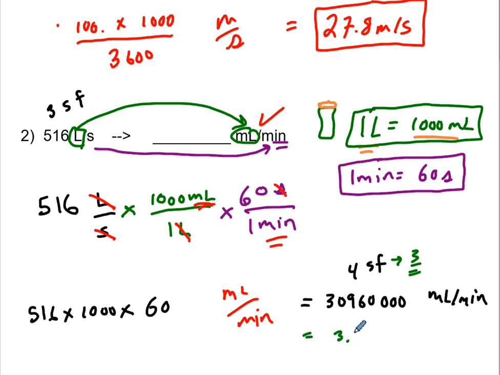It's going to be 3.10 to give us our 3 sig figs, times 10 to the 1, 2, 3, 4, 5, 6, 7 milliliters per minute. Again, why the 10? Because the 6 rounds the 9, and then the 9 rounds to the 1, and I need the 0 in there. So basically, it'd be like 31 million.